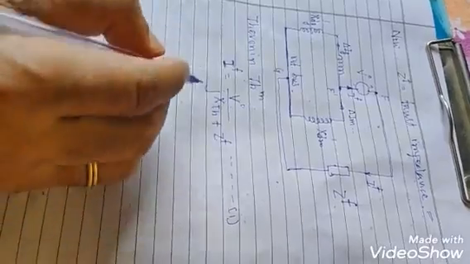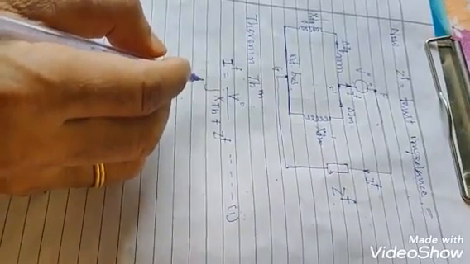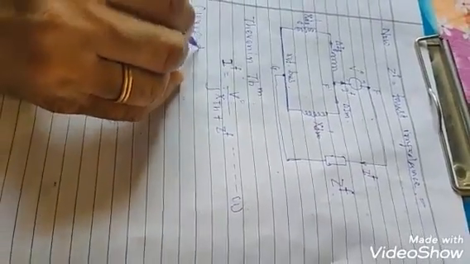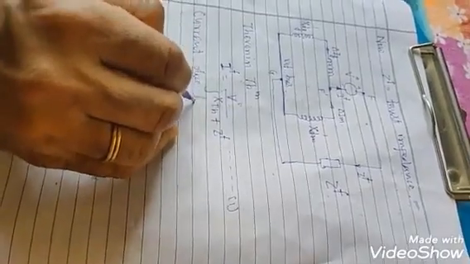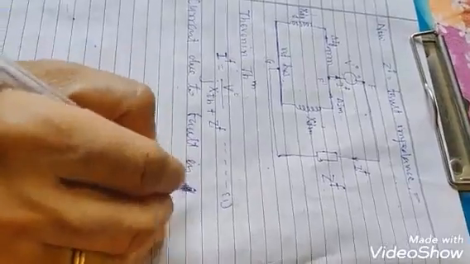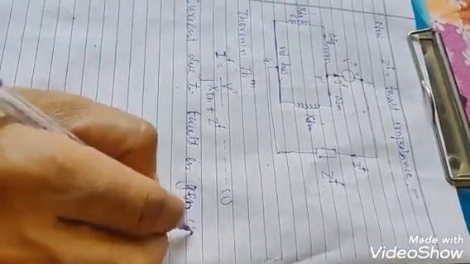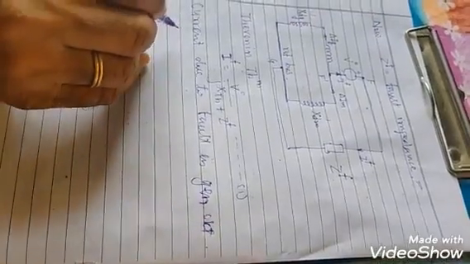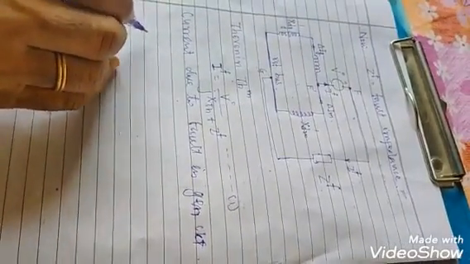Now the current due to the fault in the generator circuit can be calculated using the current division method.